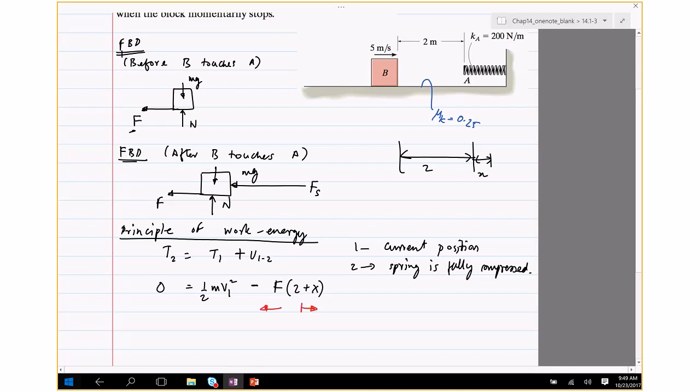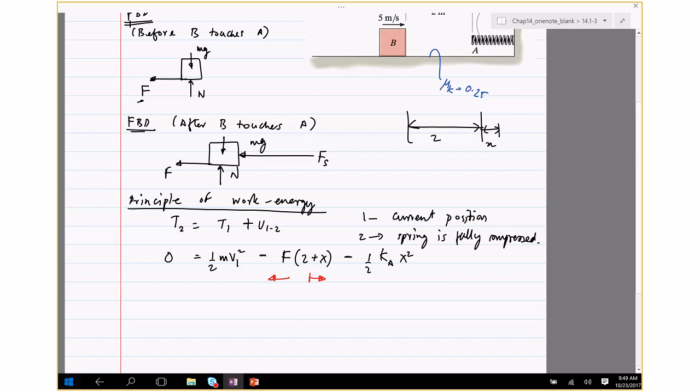And then finally, I need to write the work done by the spring force, which is nice. It's always negative. It doesn't matter which direction it moves. It's going to be minus half kx squared.